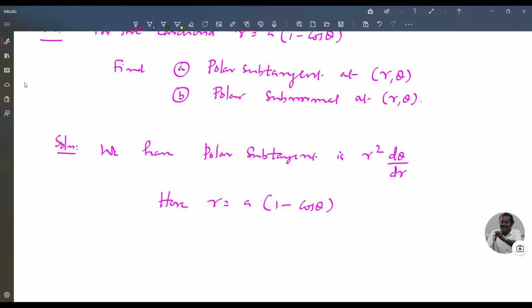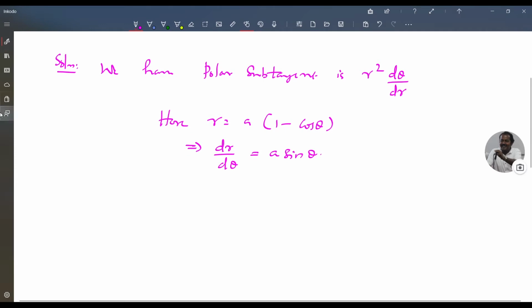So this implies dr by d theta is a sin theta. Therefore, r square d theta by dr is r, which is a into 1 minus cos theta, the whole square, into d theta by dr, which is 1 by a sin theta.